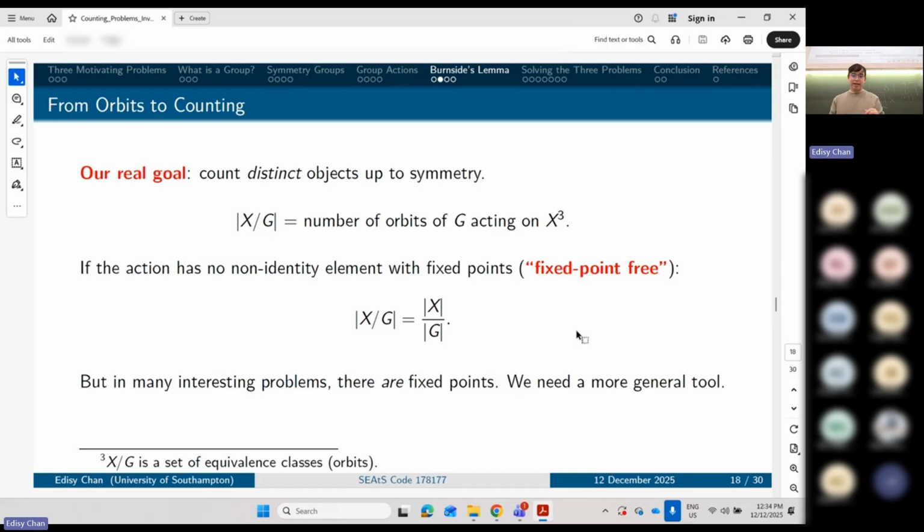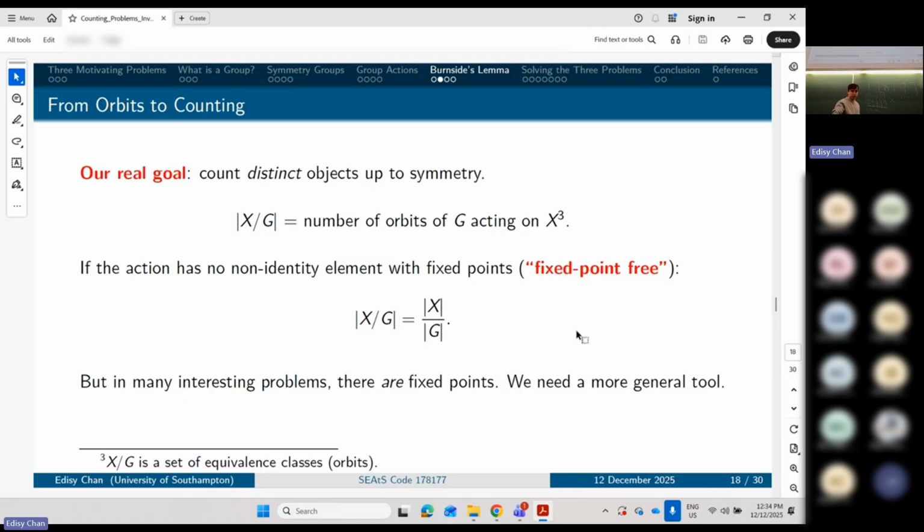Here we have a new notation: X quotient G. We see it as the number of elements in this set, which we call the number of orbits of G acting on X. Using this as an illustration, you can see 1, 2, 3, 4, 5.